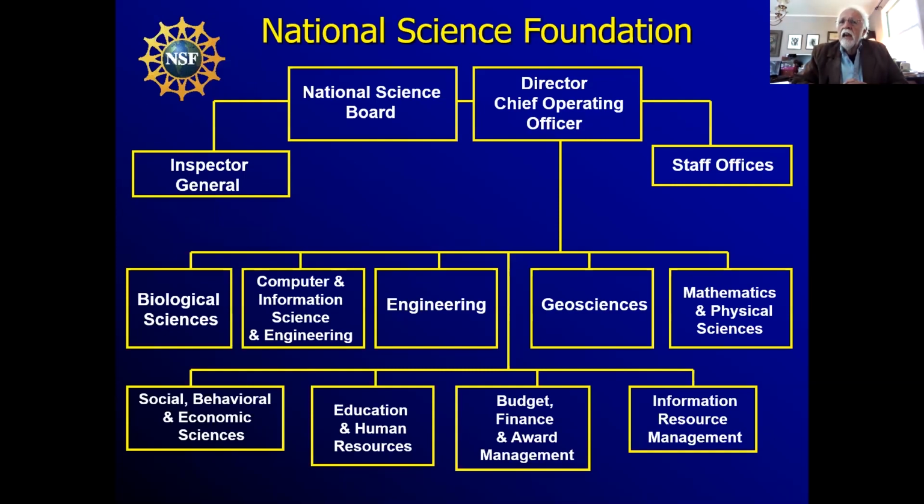Okay, the foundation, you guys probably know this. It's a very flat organization. There are 7 research directorates: bio, science, engineering, geo, math and physical sciences, SBE, and education. It's so flat. My boss's boss's boss's boss is Joe Biden.